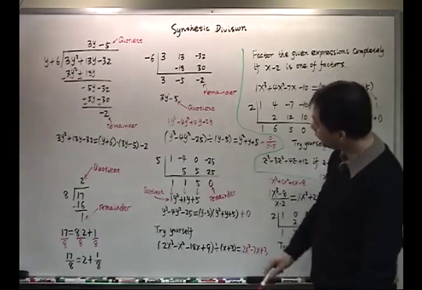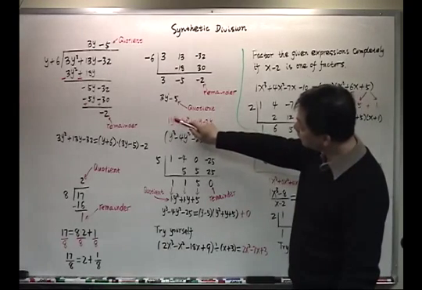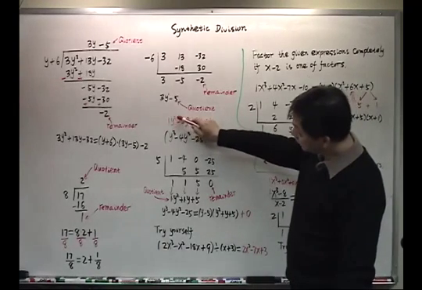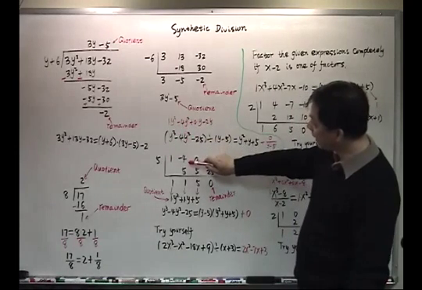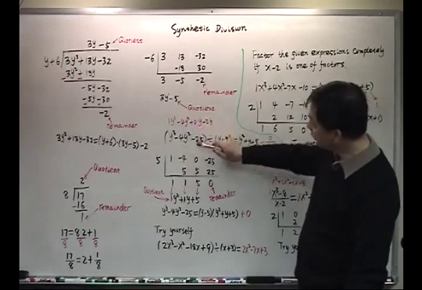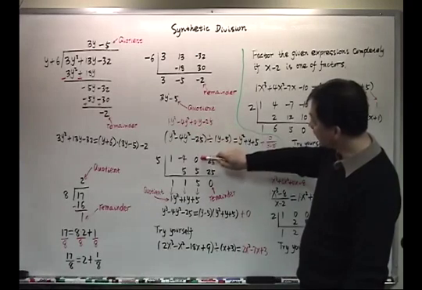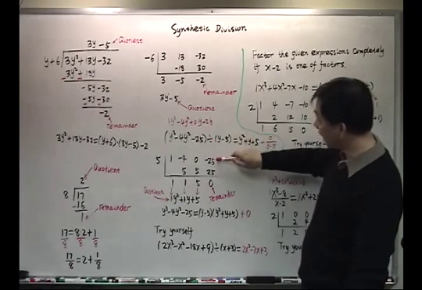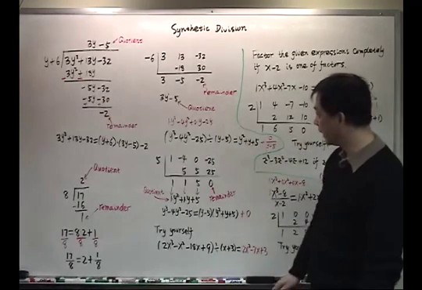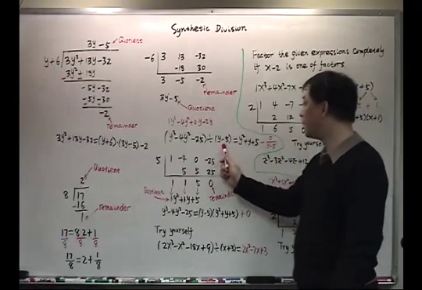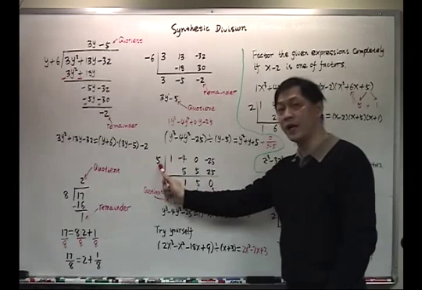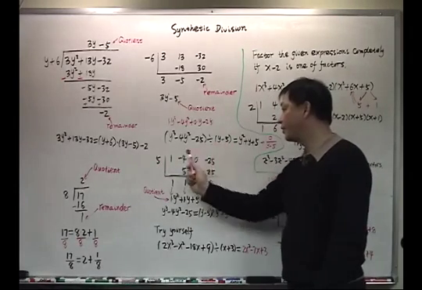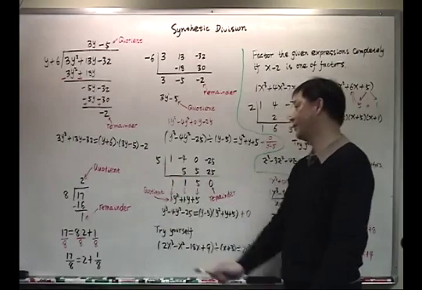So the coefficients are 1 for y cubed, negative 4 for y squared, 0 for y, and the constant negative 25. Okay. Divided by y minus 5, so you switch the sign all the time. Negative 5, then positive 5.